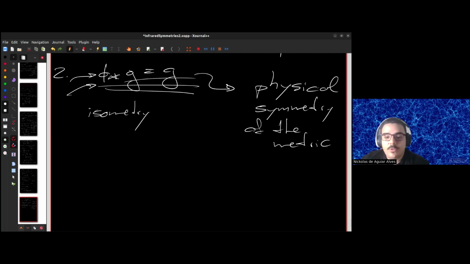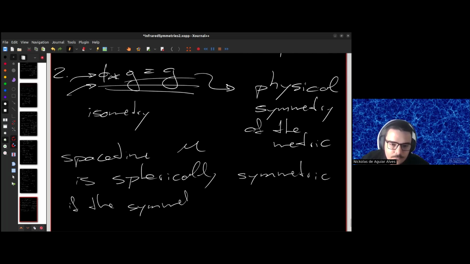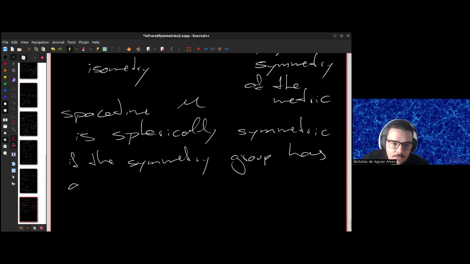And as an example, we say that a space-time M is spherically symmetric if the symmetry group has an SO3 subgroup.